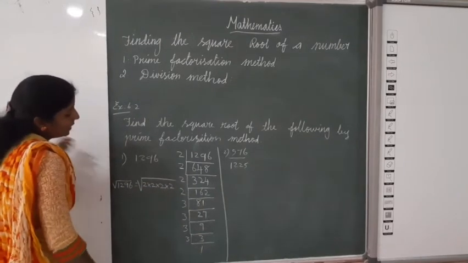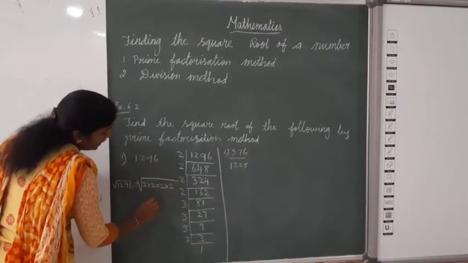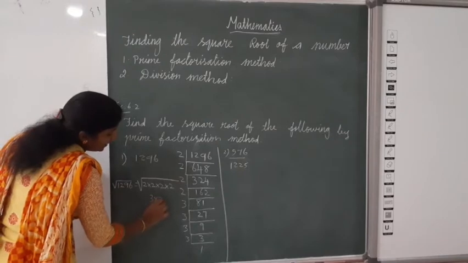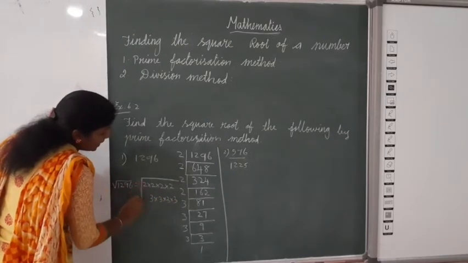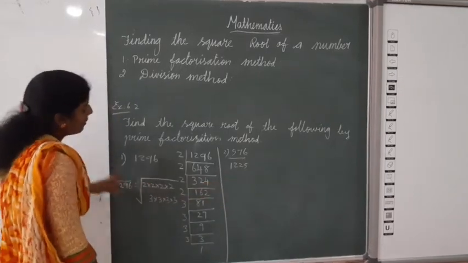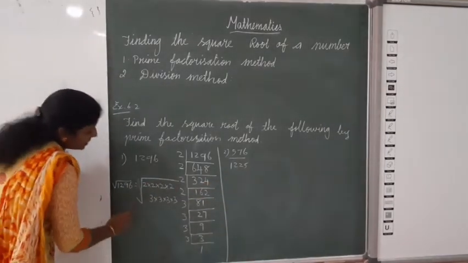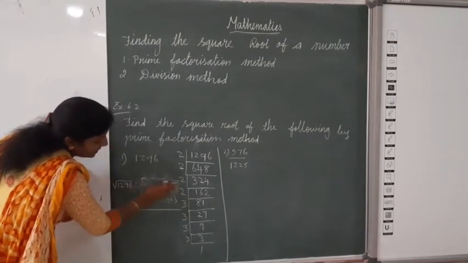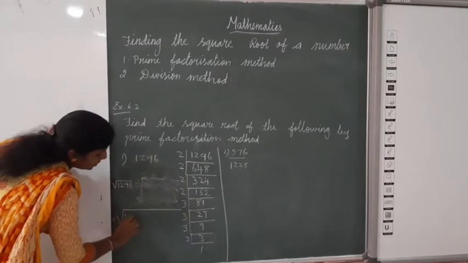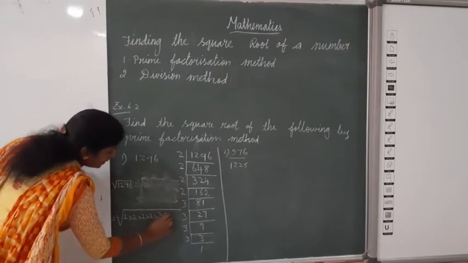Now 4 times 3: 3 into 3 into 3 into 3. You can write in the same line, one line. Here write 2 into 2 into 2 into 2, then 3 also 4 times, isn't it?